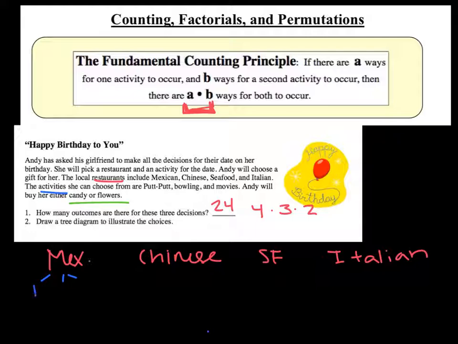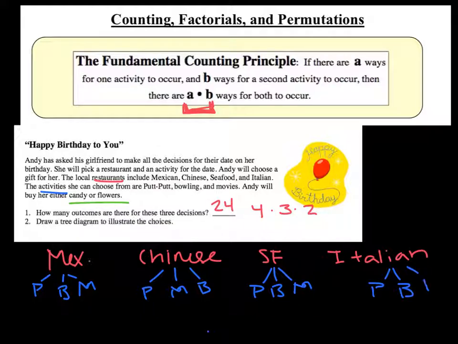So putt-putt will be P, bowling will be B, and movies will be M. So 3 for each of those. And then based off of if he chooses one of them, he'll have to then choose if he wants candies or flowers.